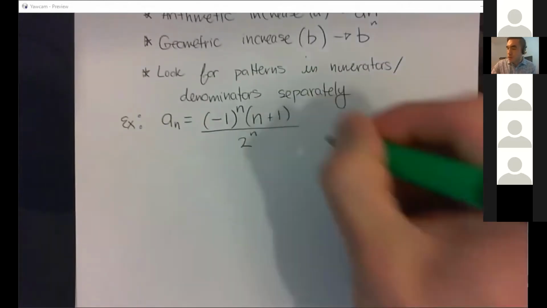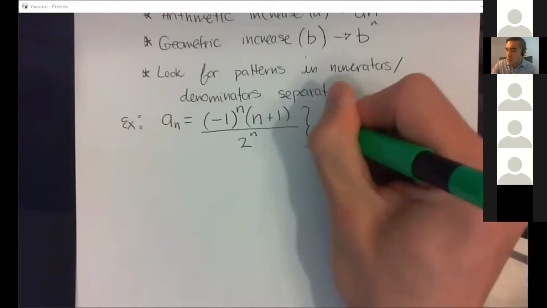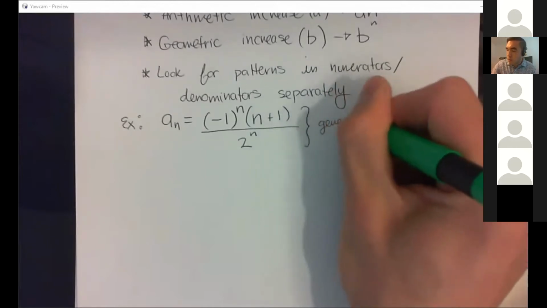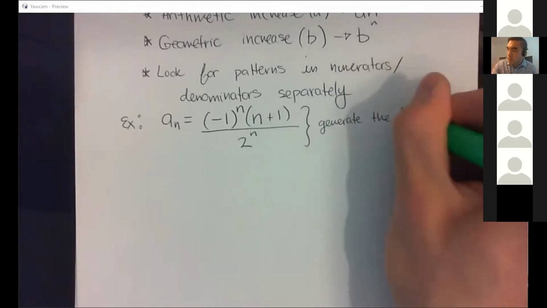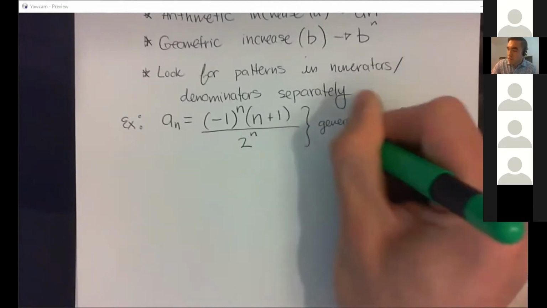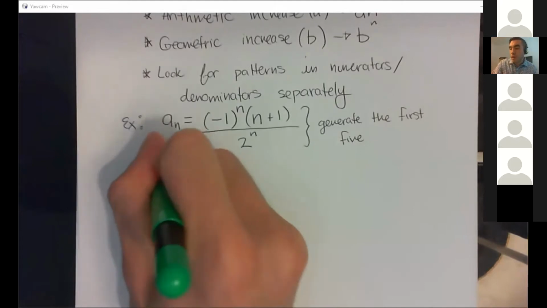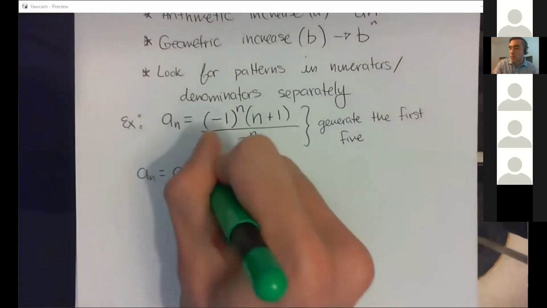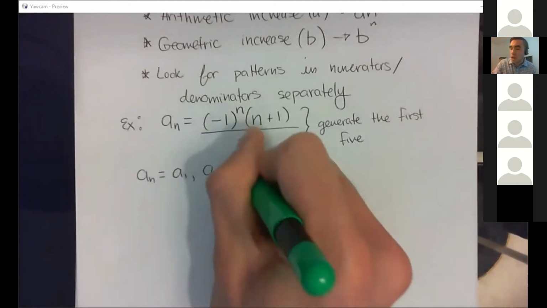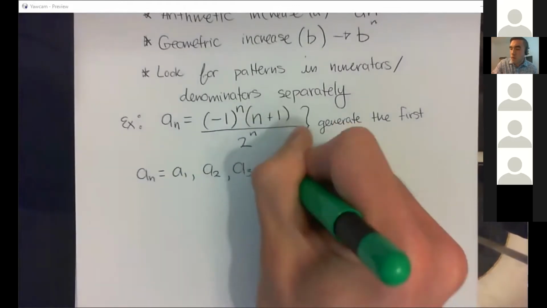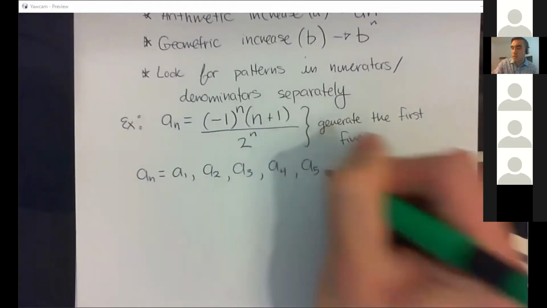And all that we want to do with this information is we would like to generate the first 5 terms. This is to say that I want to take a sub n and I want to list out a1, a2, a3, a4, and a5.